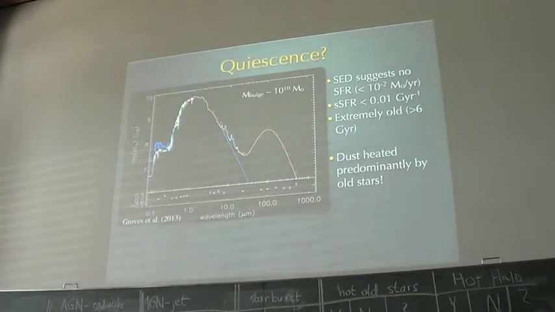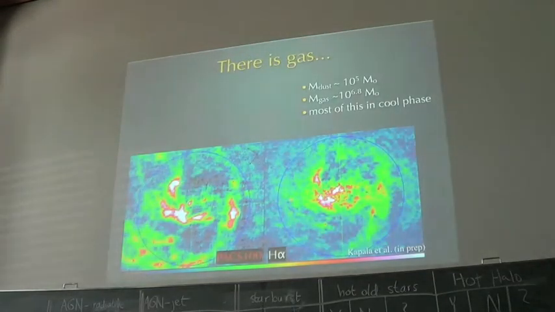And even then, if you look at the mean age of this, it's extremely old. You look at what stellar spectra give for these objects, people have gone from 6 to 14 gigayears in terms of a single stellar population fit to the spectra of the bulge of Andromeda. And so, it's got no young stars. What it does have is dust and gas.